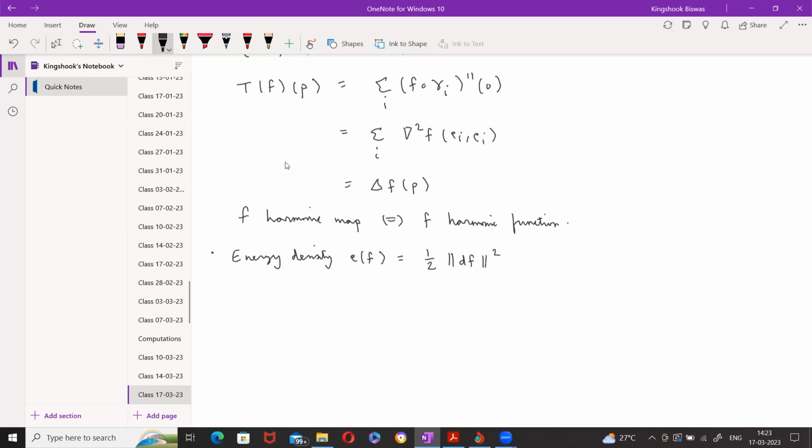So the Bochner-Weitzenböck formula will give you a formula for the Laplacian of e(f), which is a smooth function. So we're going to compute the Laplacian of this energy density. All right. To do this, there are going to be a few steps.